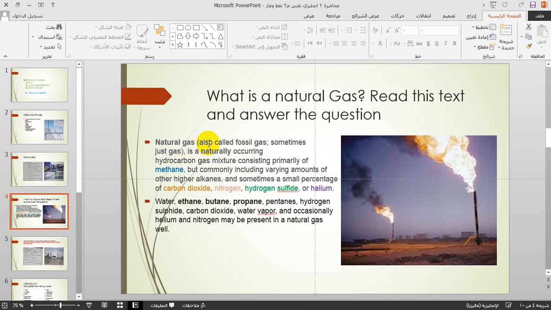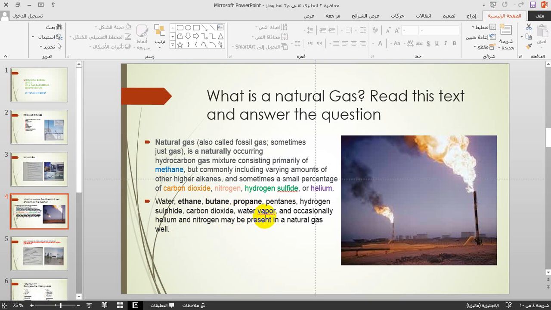Natural gas, also called fossil gas, sometimes just gas, is a naturally occurring hydrocarbon gas mixture consisting primarily of methane, but commonly including varying amounts of other higher alkanes, and sometimes a small percentage of carbon dioxide, nitrogen, hydrogen sulfide, or helium, water, ethane, butane, propane, pentane, hydrogen, sulfur.